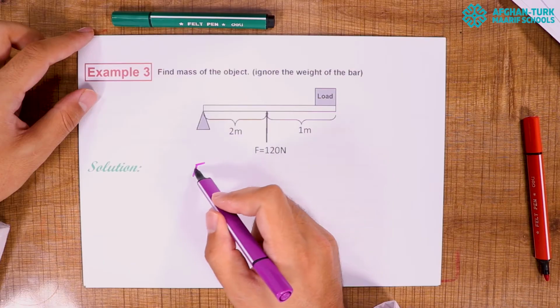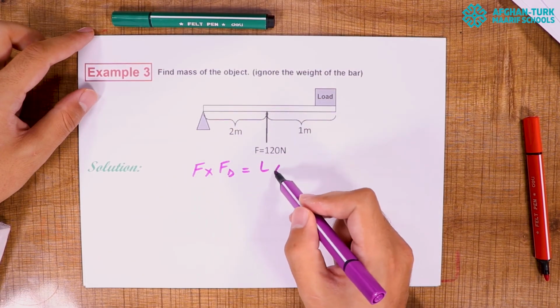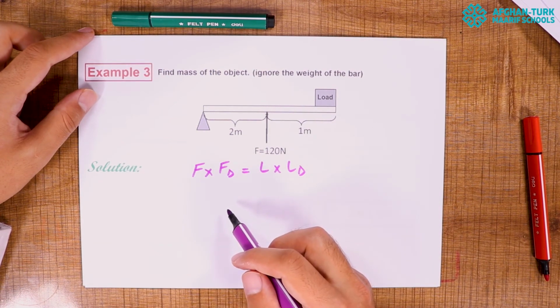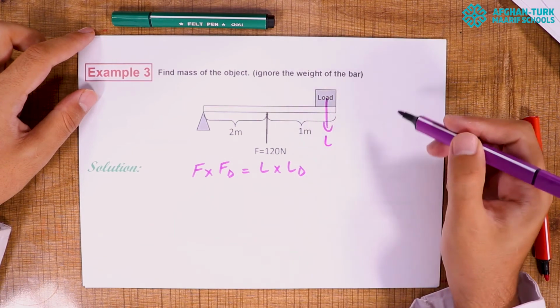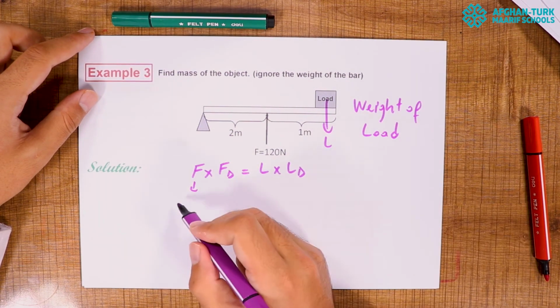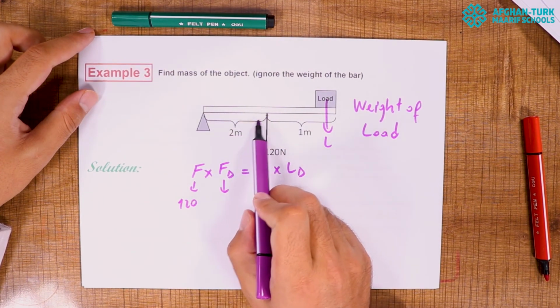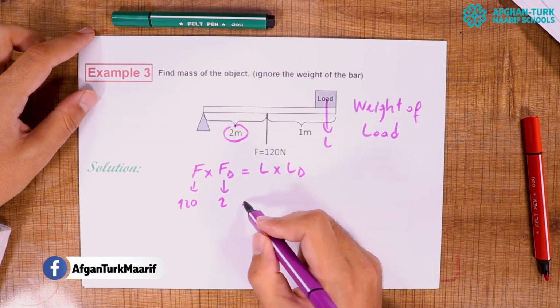Let's write the formula first. F times F distance is equal to load times load distance. I am trying to find the weight of the load. My F is 120 Newton. The force distance, this one, is 2 meter.